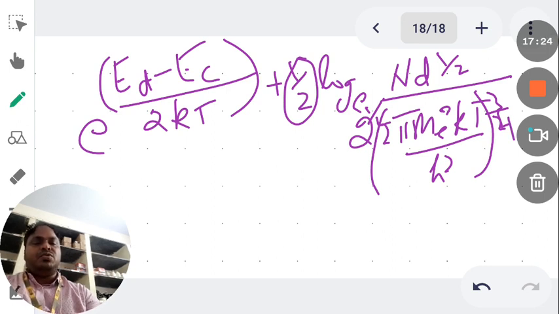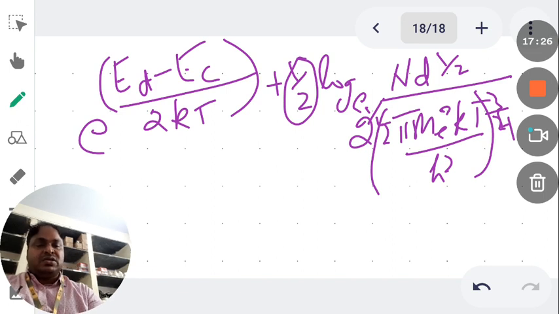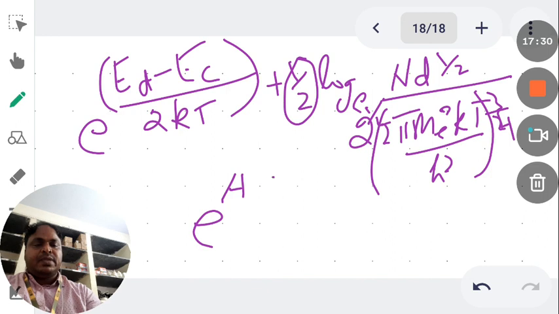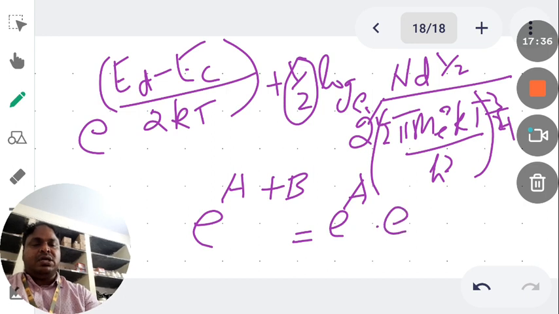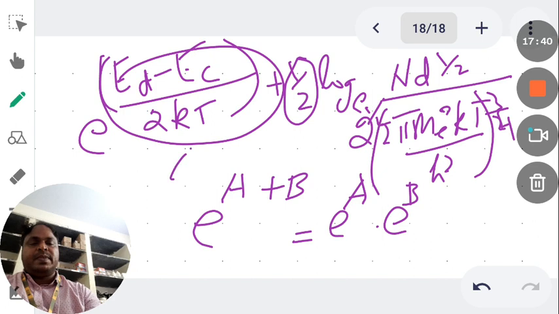Now I am going to solve this equation using this form: E power A plus B is nothing but E power A dot E power B. So let's take this one as A, and this whole term as B. So let's see what happens.